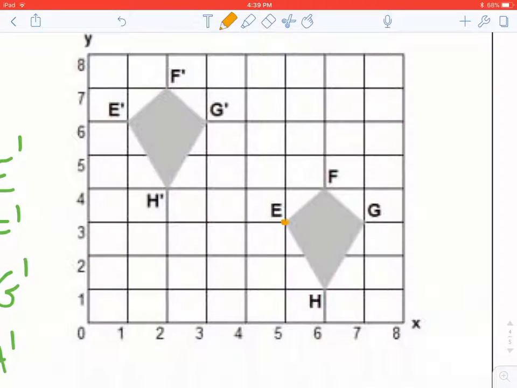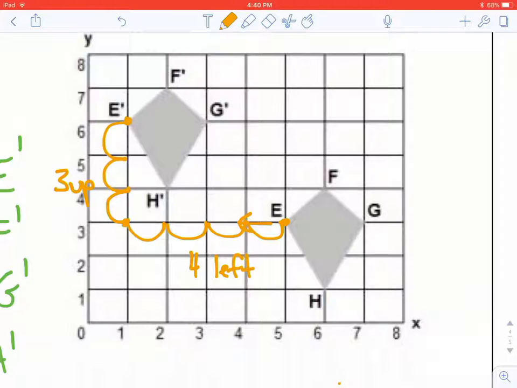If I go from E to E prime, I have to go to the left. So let's see how far. 1, 2, 3, 4 units to the left, it looks like. And then if I have to stop there and go up, I got to go 1, 2, 3 units up to go from E to E prime.